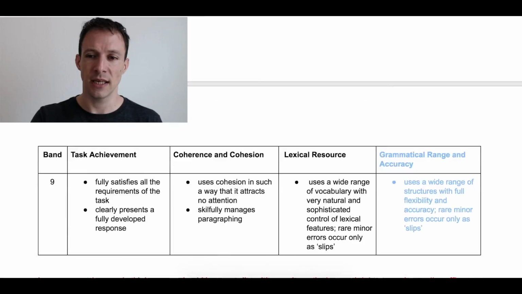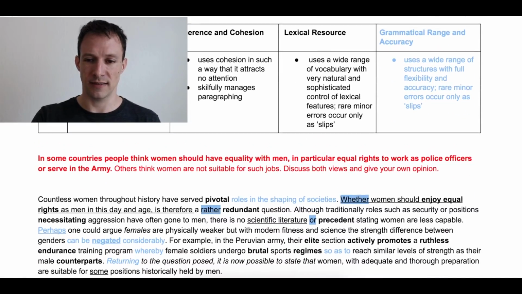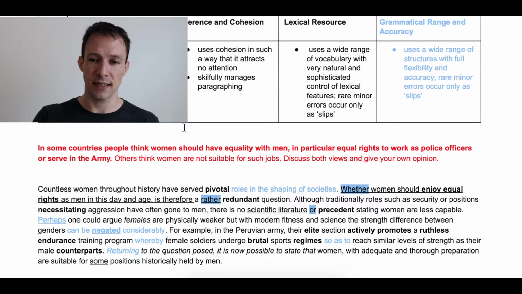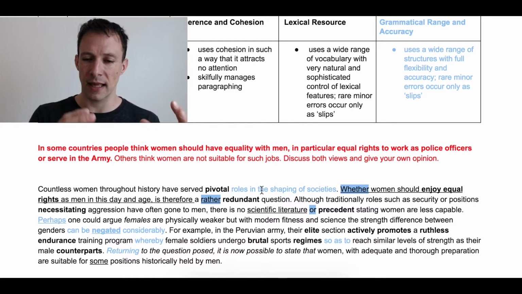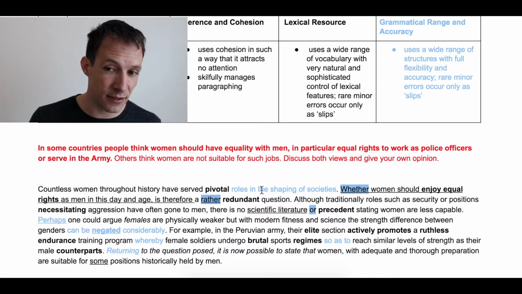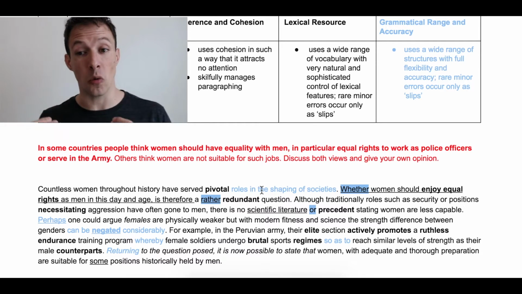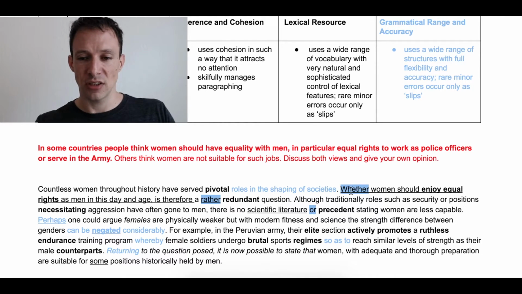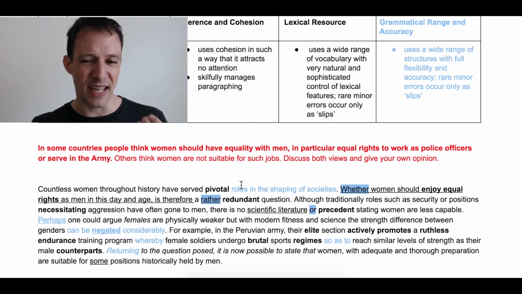I'll go into this in a second, but you can see here that the blue parts are where I've identified more advanced grammar, and like the other one, there are no slips and no errors. So here I've used whether instead of if.